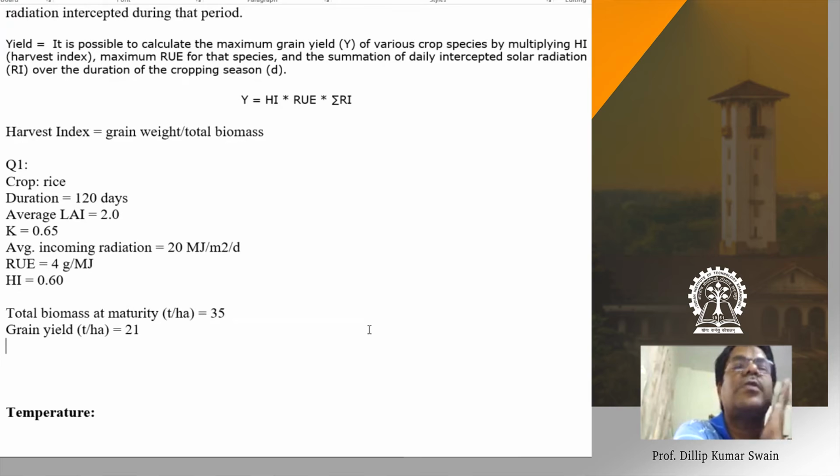No, 35 and 21 are the same, because once you get the biomass, then multiply by harvest index, you get the grain yield. Is 21 for the biomass or grain yield, Abhilash? Sir, 21 is for the grain yield. Biomass is coming to be 35. Then it's correct.